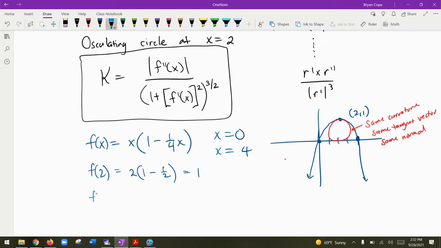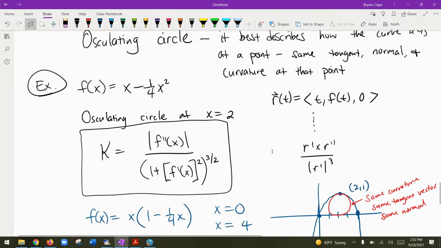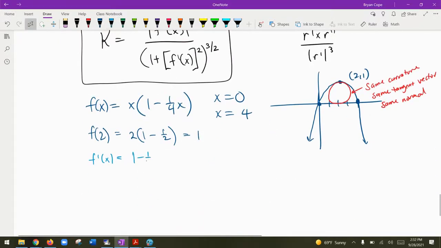So f prime of x equals 1 minus 1/2 x, and f double prime of x equals negative 1/2. Remember, we're doing all of this at x equals 2 because that's the x coordinate I specified at the beginning. So our curvature is the absolute value of negative 1/2 over (1 plus f prime squared) to the 3/2. Now, what is f prime at 2?